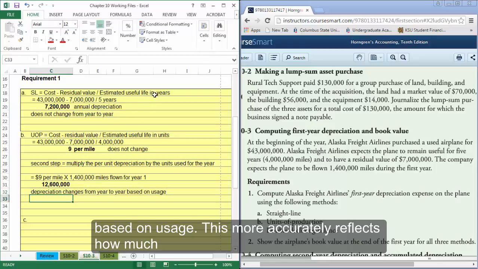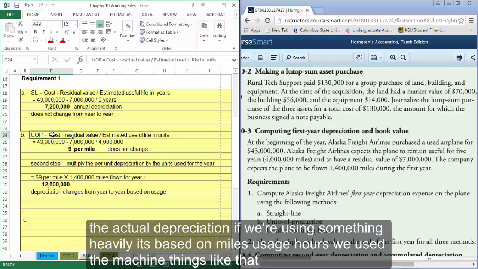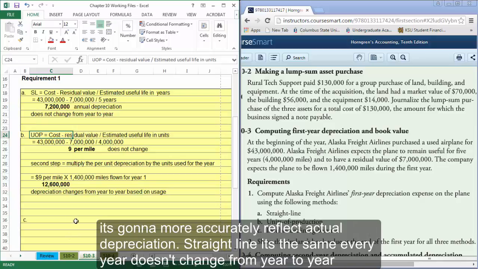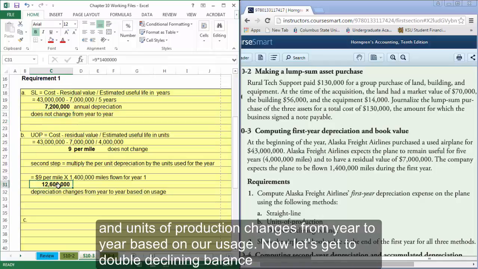This more accurately reflects actual depreciation if we're using something heavily, based on miles, or hours we use the machine, things like that. So straight line is the same every year, and units of production changes from year to year based on our usage.